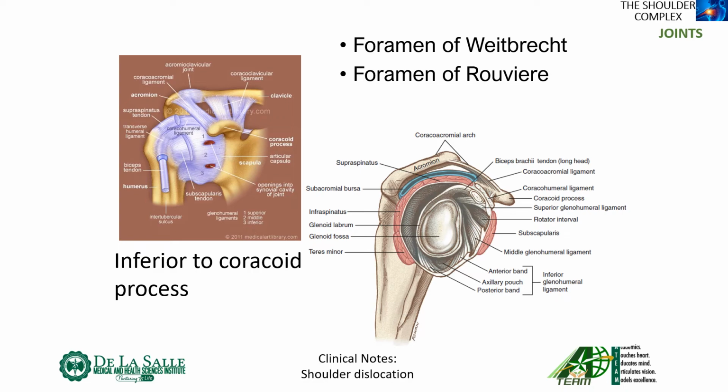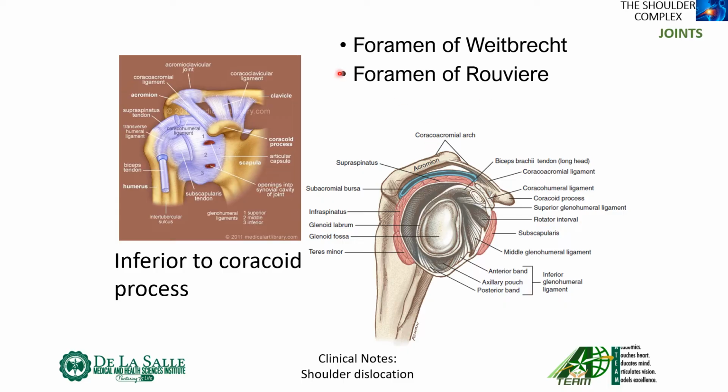Before we proceed with the ligaments surrounding the glenohumeral joint, let's first discuss the two openings present in the synovial cavity of the joint. We have the foramen of Whitebread or Whitebread, depending on the pronunciation, and the foramen of Rovere.